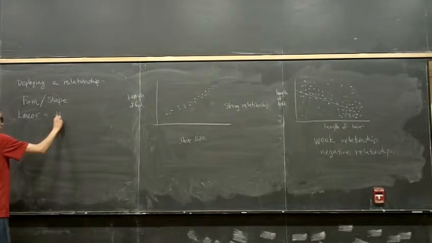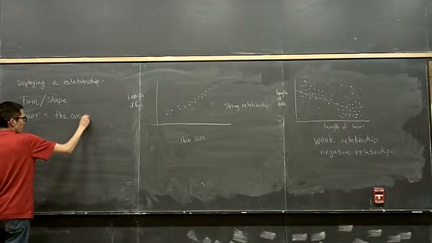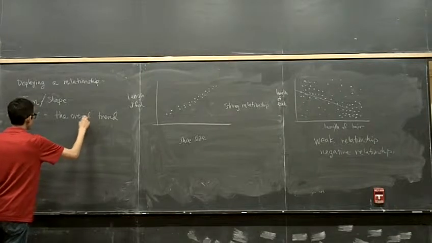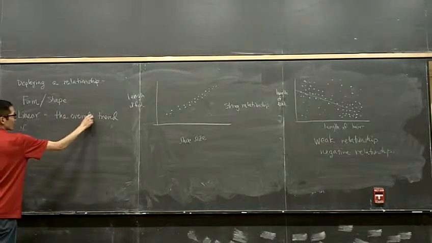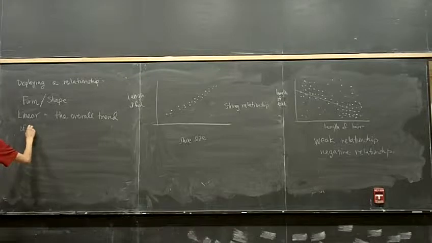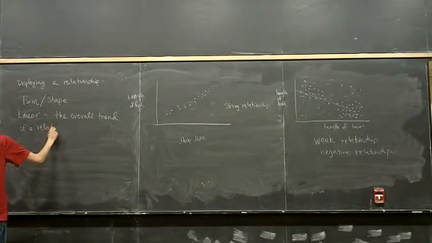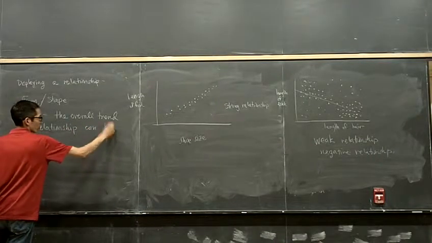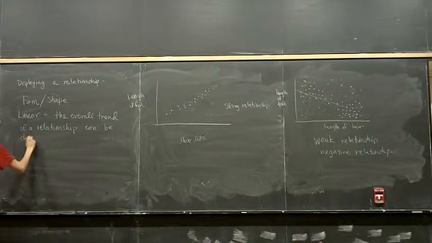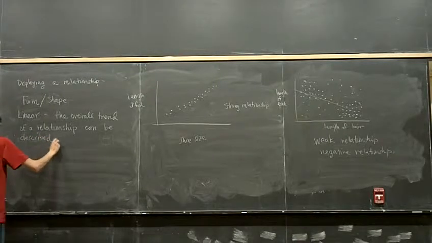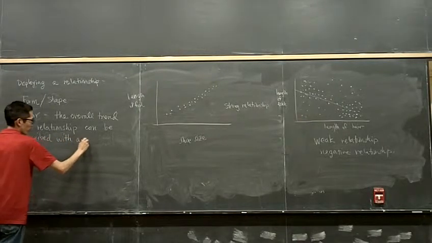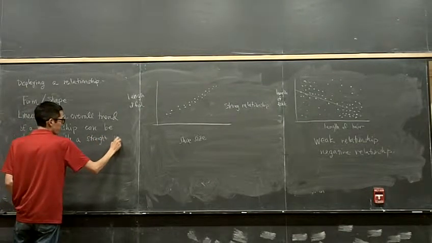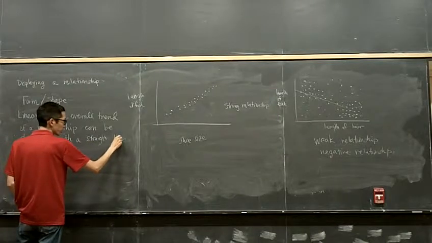And it says the overall trend of a relationship can be described with a straight line.